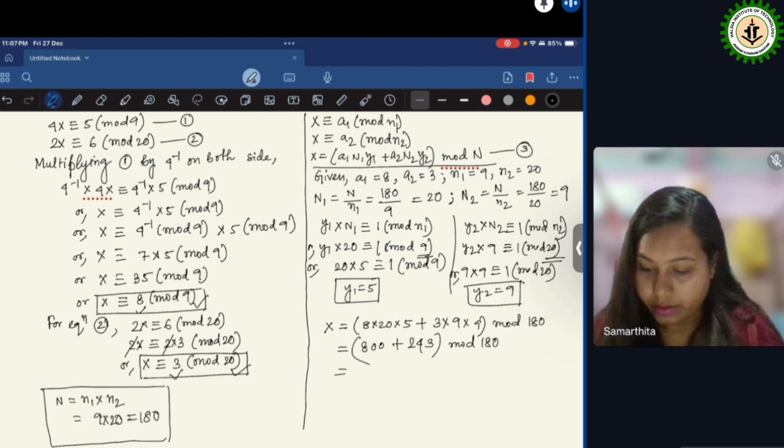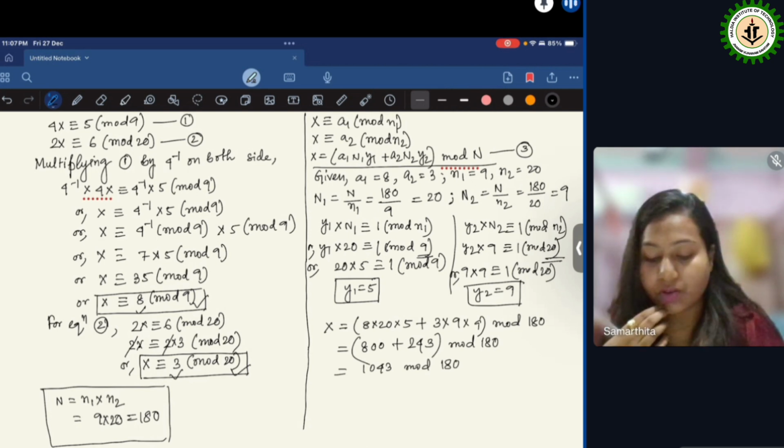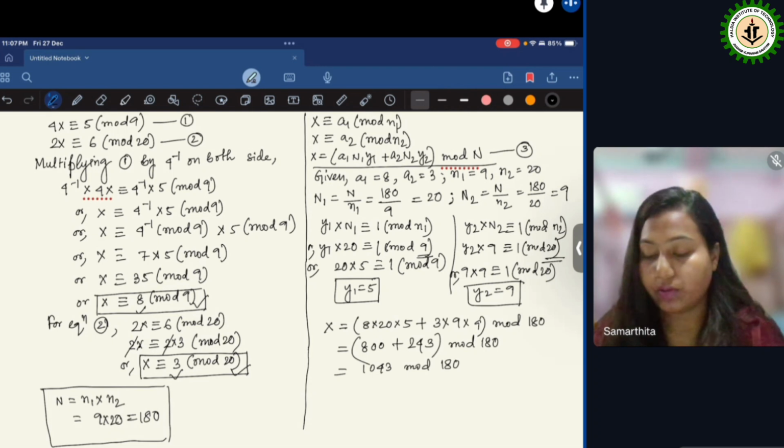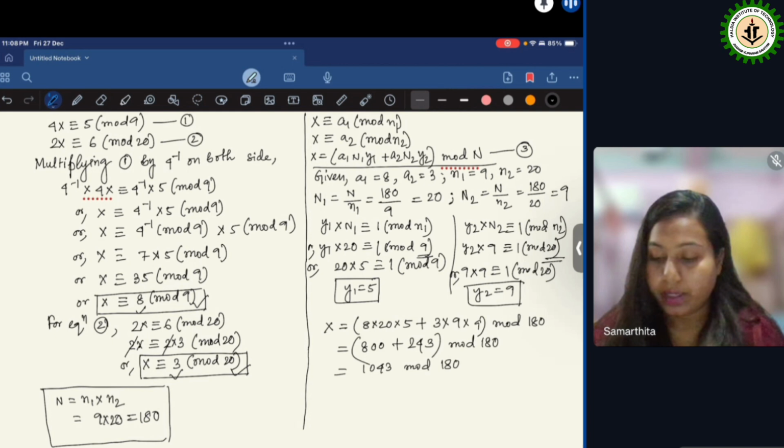Okay, and then 1043 mod 180. So when we divide the value 1043 by 180, we will get the value of x as 143.